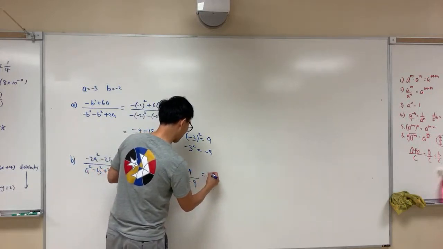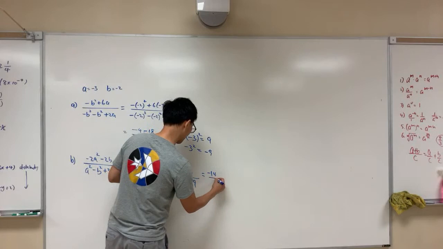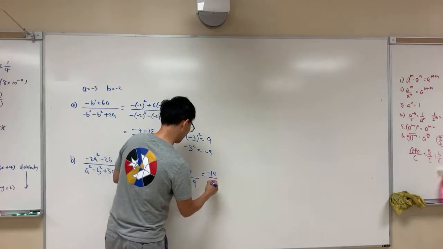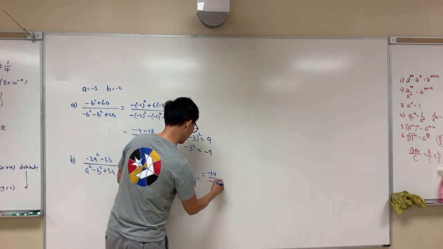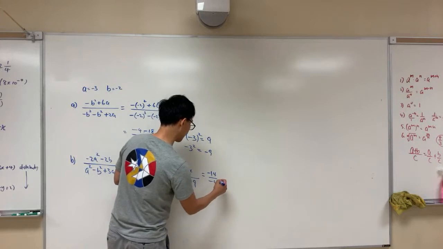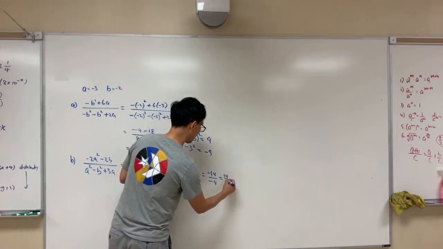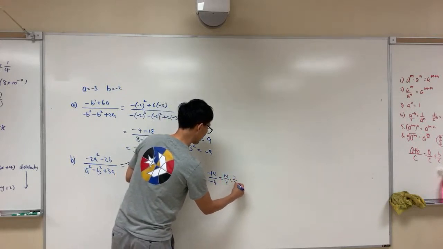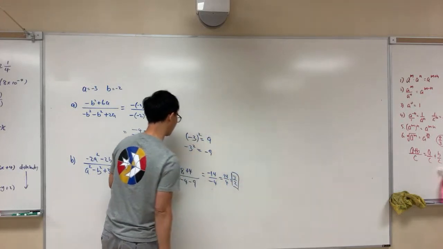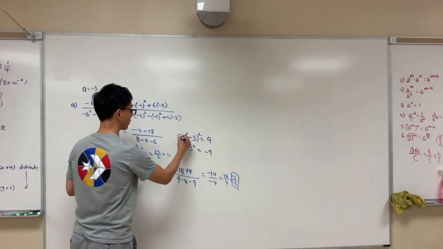So it's equal to negative 14 over negative 4, I think. So that's equal to 14 over 4, which is 7 over 2. But pay attention to this.